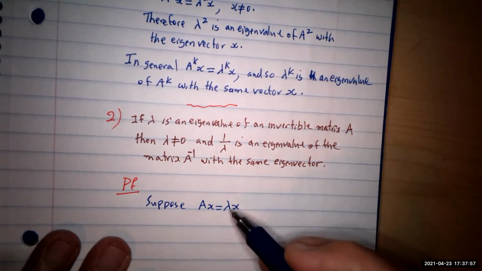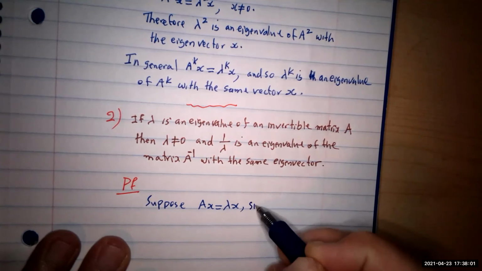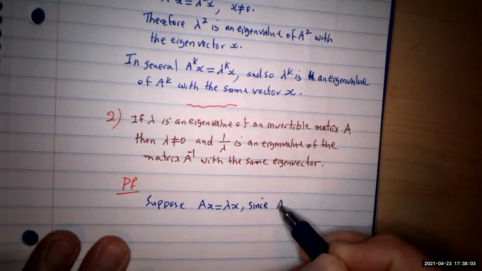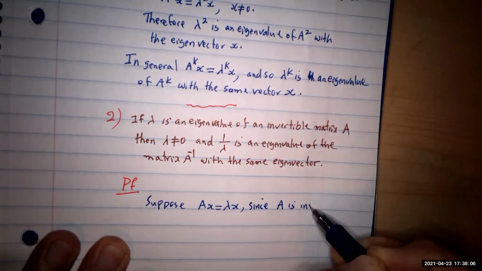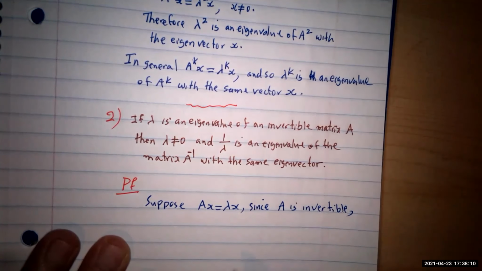Since A is invertible, multiply both sides by A inverse.